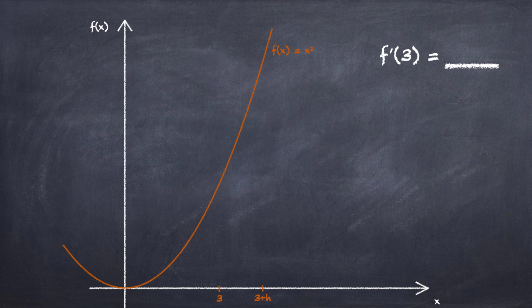Okay, so the easiest way to do this is to draw, here's our graph, right? We know a few things: we have the point 3, we know the point 3 plus h, we know f of x equals x squared, and I will warn you that some textbooks, instead of using h, will use change in x, so just watch out for that.